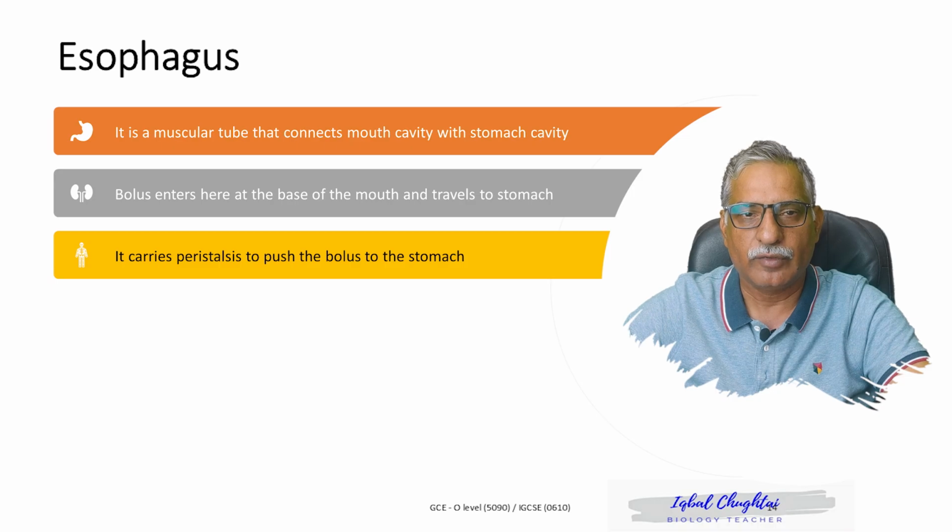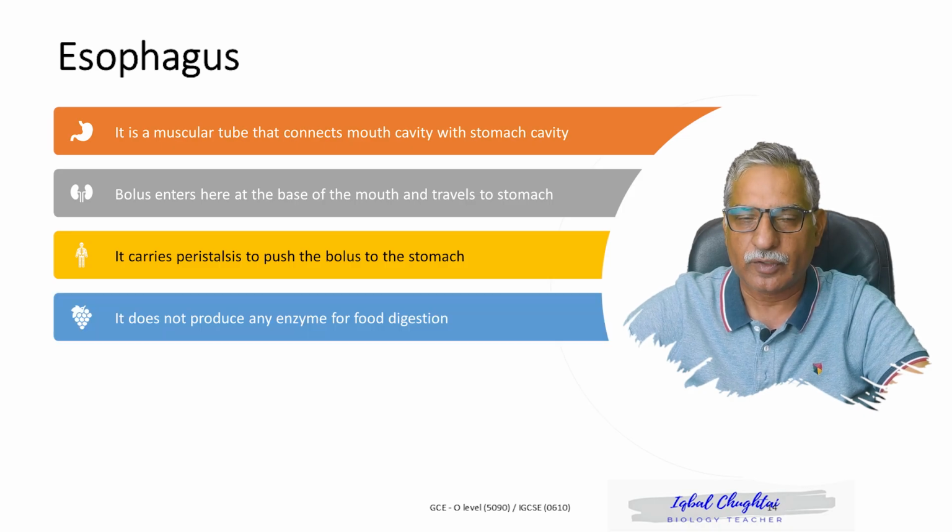They produce a wave of constriction that starts at the start of the esophagus and continues till the bolus reaches the stomach. This constriction wave that pushes the bolus forward from the mouth towards the stomach is known as peristalsis, or peristaltic movement.